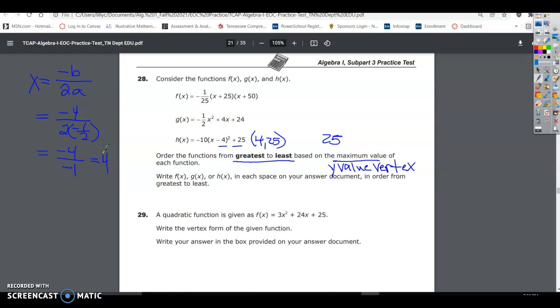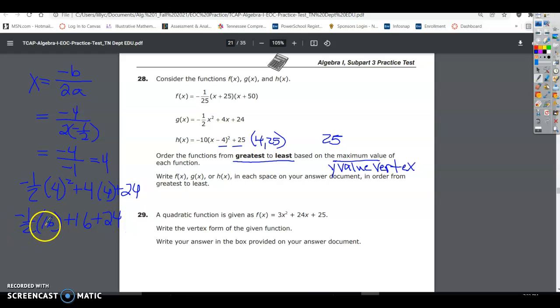So for the y value, I'm going to plug it into the same equation. I'm going to have negative 1/2 times 4 squared, plus 4 times 4, plus 24. 4 squared is 16, plus 4 times 4 is 16, plus 24.